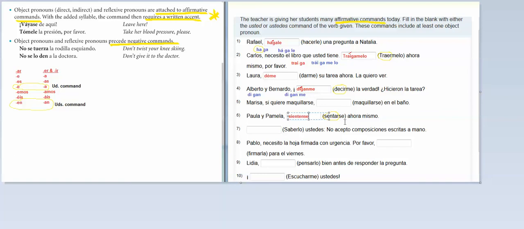You're saying, Paula y Pamela, sit yourselves down, so it needs to match up. And again, the verb was originally sienten. So when I add the se, it's sienten se. It should have been over the E, so I want to keep it over the E, so I write it in, so that I keep the same stress that there was originally in the word in its command form.